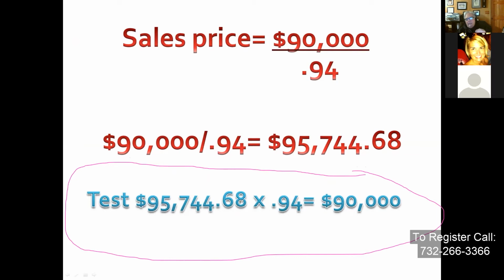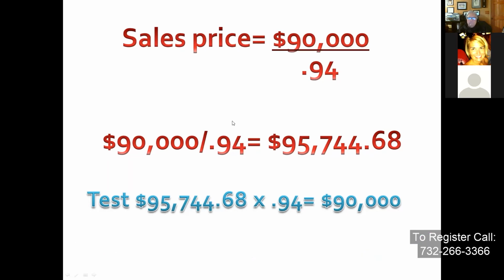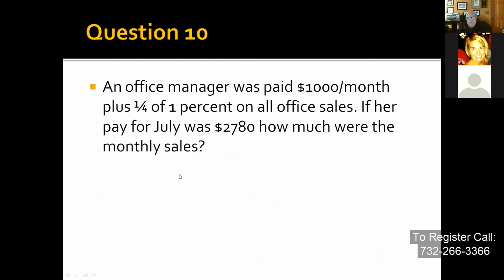How do we take away 6%? Well, if you take away 6%, what's left? 94%. So we multiply 95,744.68 times 0.94, and that gets us back to the 90,000 that we need for the correct answer. And again, this is always on the test. That's why we talked about this last night too.